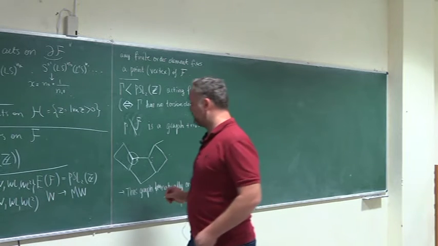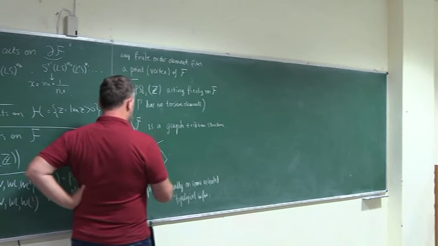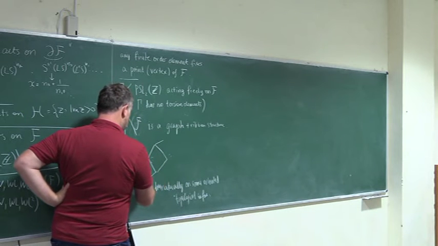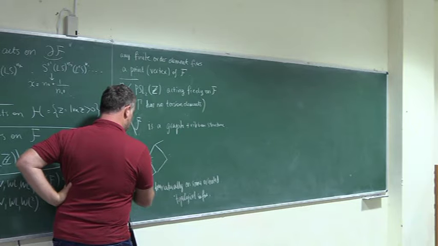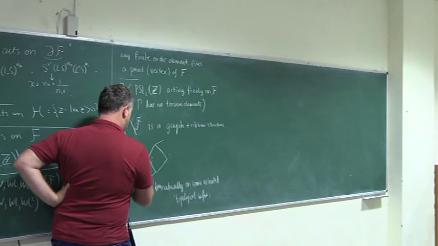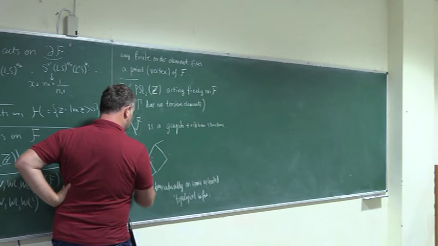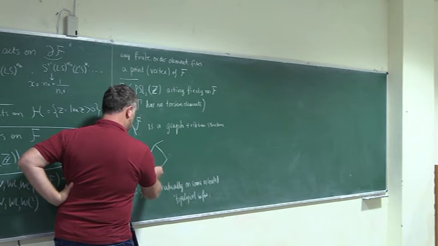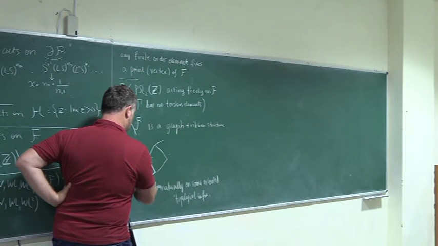And how to construct that topological surface? It can be easily constructed this way. Since I have those orientations, I start from one edge and I travel along the graph by always turning left or right, it doesn't matter. If I always turn left, then I'm going to make a loop and come back to the original point eventually.